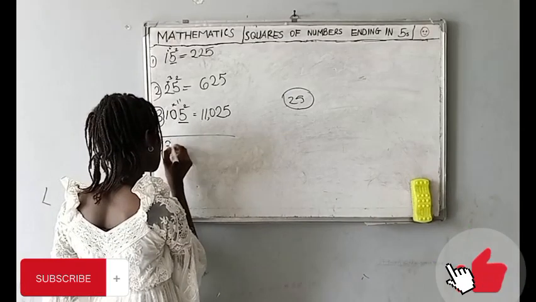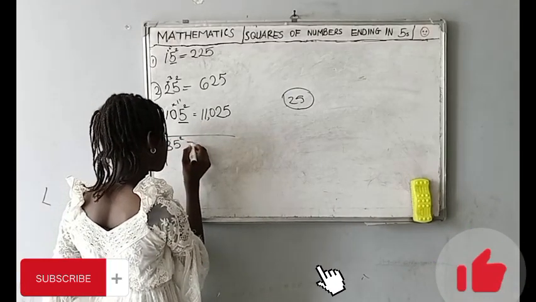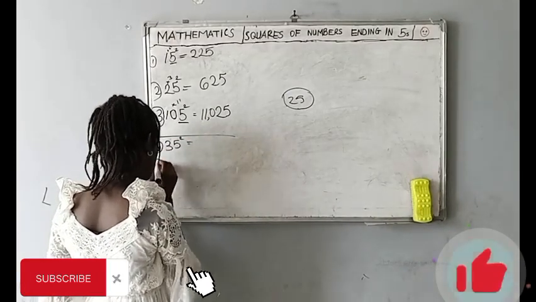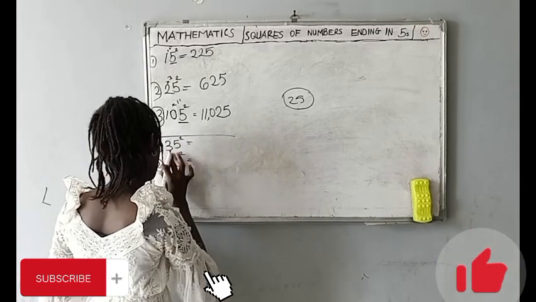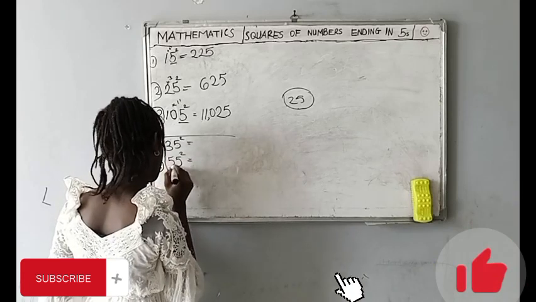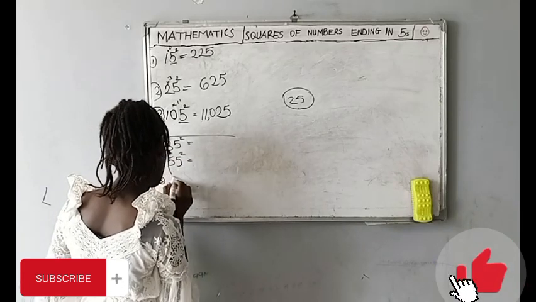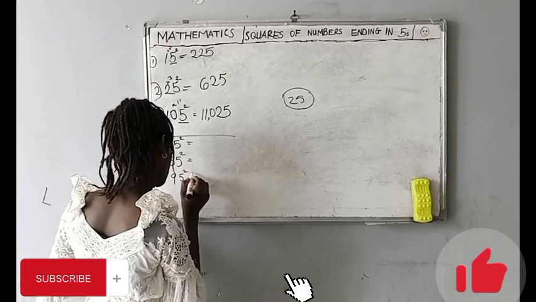Firstly, we'll solve 35 squared. Number 2, you're going to solve 95 squared. Number 3 is going to be 95 squared.